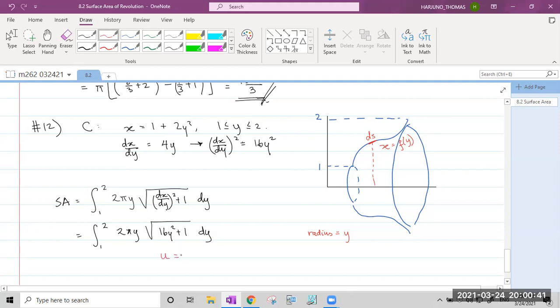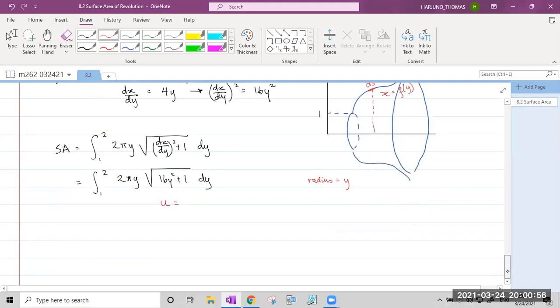I already gave you the answer. I mean, you're already doing it, yeah. Yeah, you use u-sub, but use u for what? Use u for the expression in the square root, the radical, 16y squared plus 1. Okay, and then you go on from there, right?